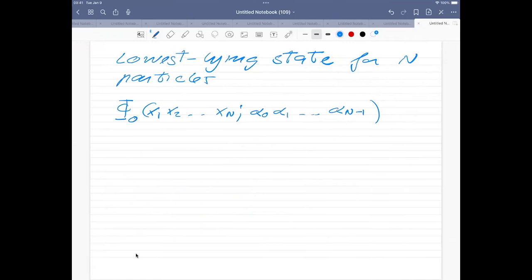And what we saw then is that you can make an ansatz where you would write this in terms of n factorial, the number of permutations you can make. And then we have a determinant here of phi alpha 0, x1. And then we use the rows to indicate these specific quantum numbers up to phi alpha 0, xn.